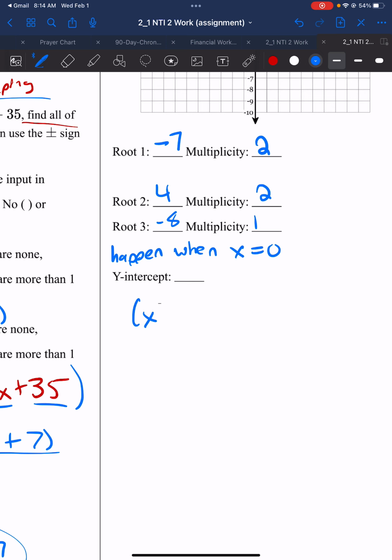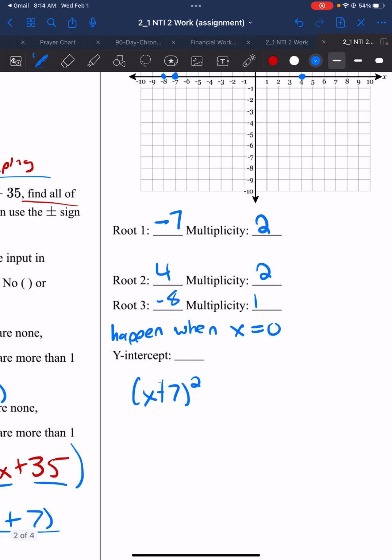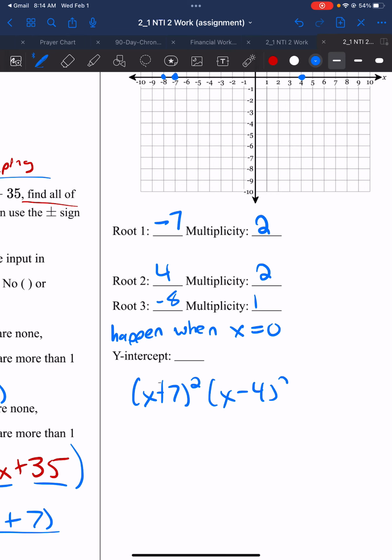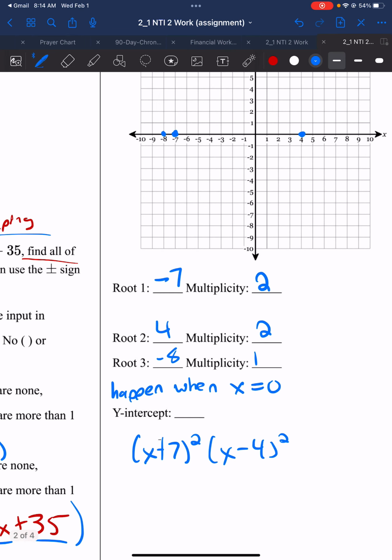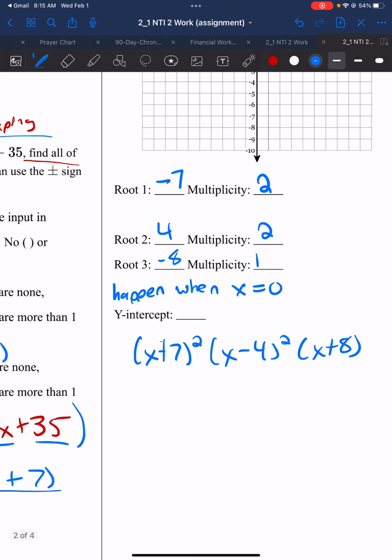So I've got x plus 7 squared, x minus 4 squared, and x plus 8. And it happens when x is equal to 0, so I'm going to have 0 plus 7 squared, 0 minus 4 squared, and 0 plus 8.